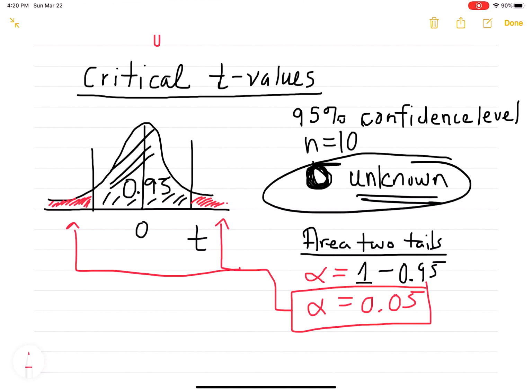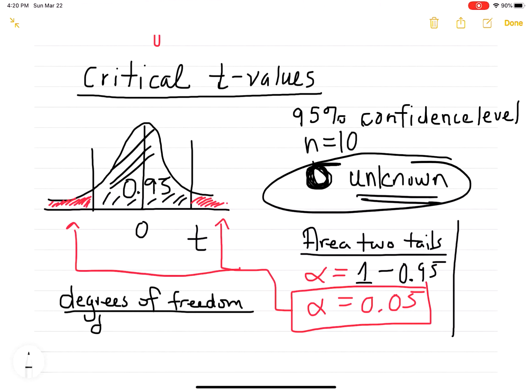After that, you want to look up something called degrees of freedom. I'm going to call it df. The formula for that is just n minus 1, so the sample size minus 1.